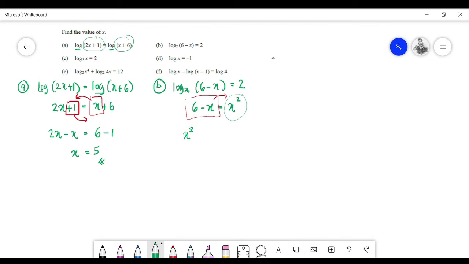So x square, and then negative x, when it moves to the right hand side, it will be equal to positive x. And when you have positive 6 here, when it moves to the right hand side, it will be equal to negative 6, then equal to 0. Actually, we can write down the equal to 0 in the right hand side or the left hand side. It's okay, still the same concept here.